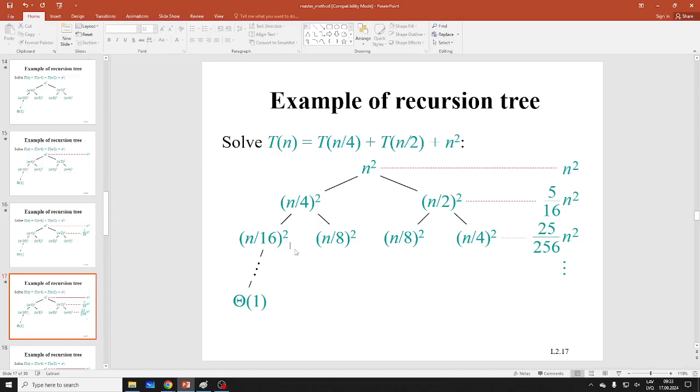So 256, then 4 over 256, then 16 over 256. Here you multiply top and bottom by 4, here by 16. This is just 7th grade. And it is 25 over 256.